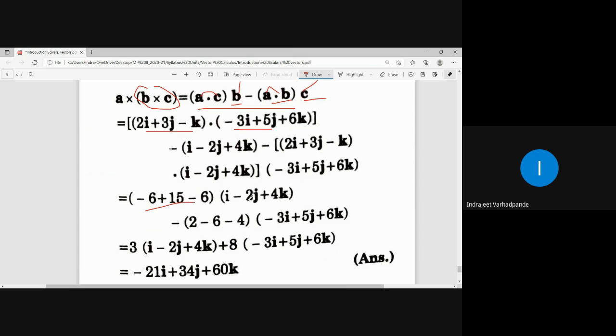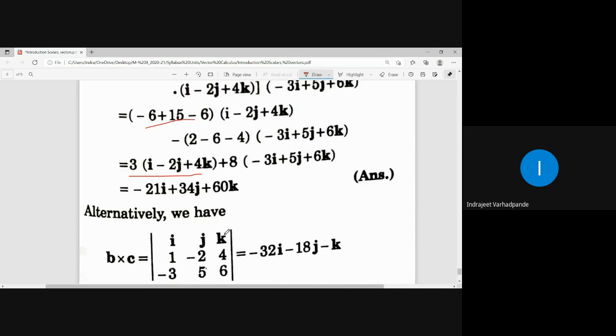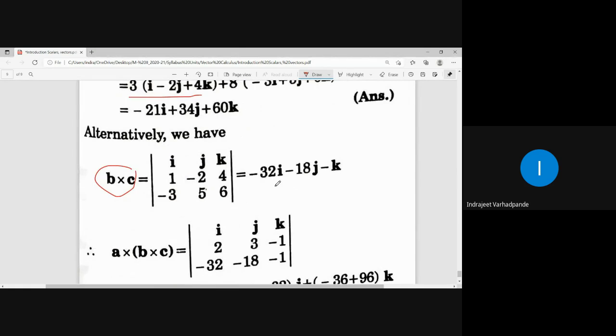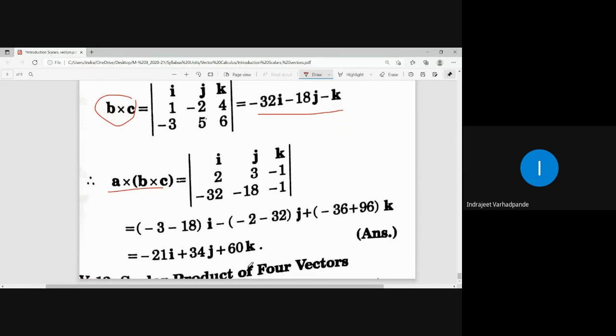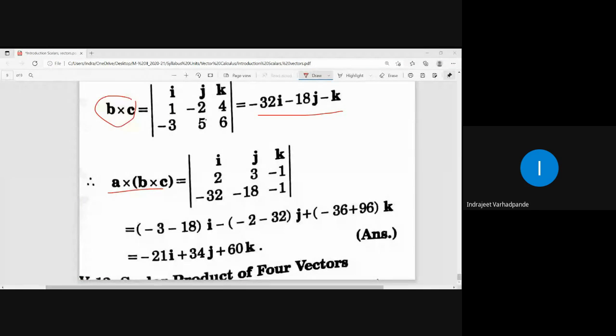So a scalar multiplied by a vector is going to be a vector quantity, meaning it is going to contain i, j and k. So all these products, vector minus vector, is going to be again a vector quantity. Else, you can find b cross c from the determinant, multiply it further with a, and accordingly you will get the same answer. So the vector product is obtained in the vector form. That is the solution we were asked to find.